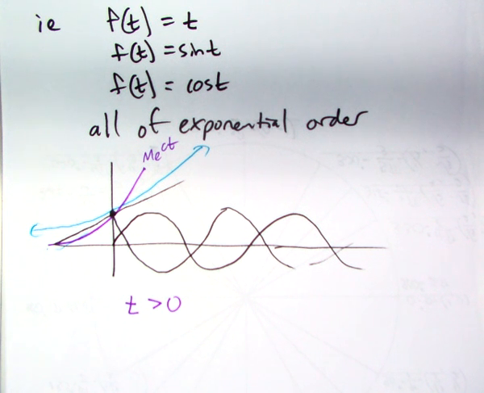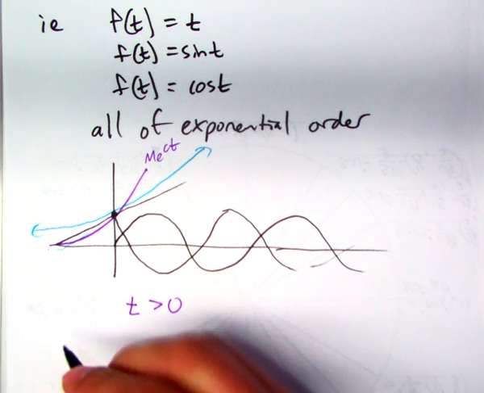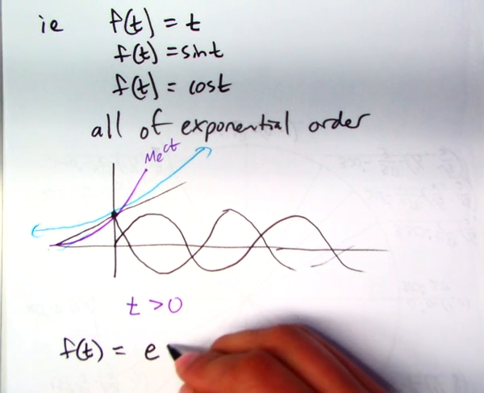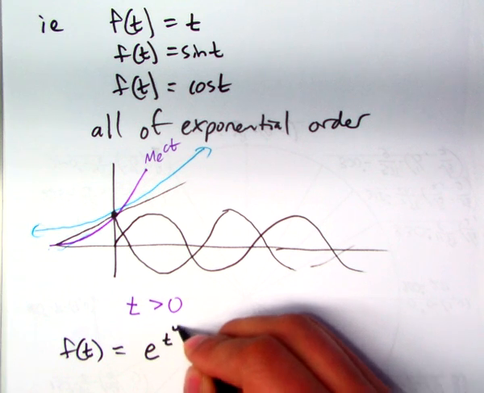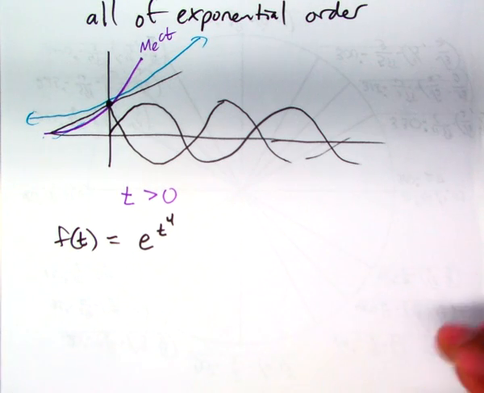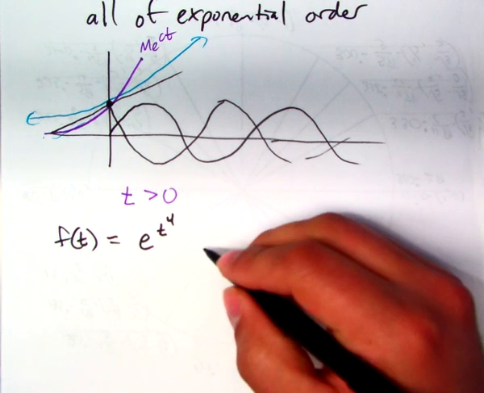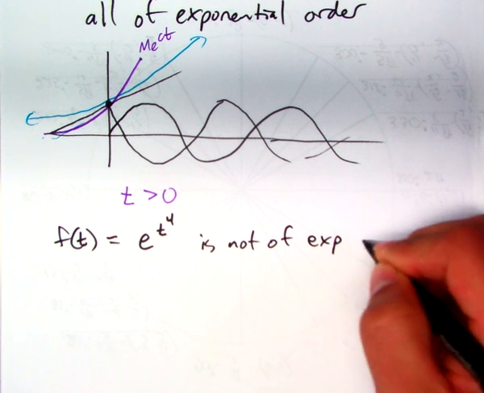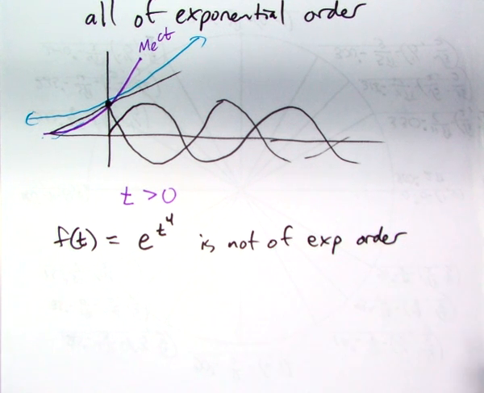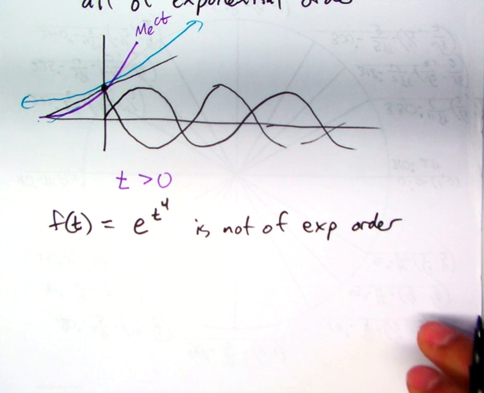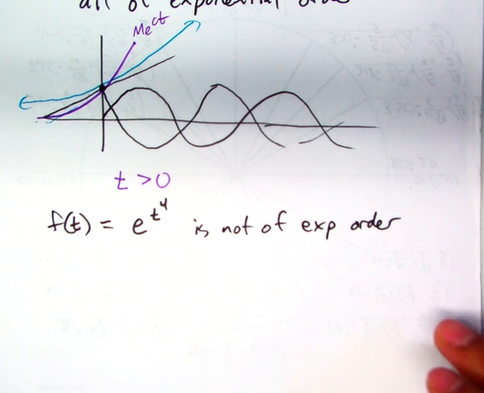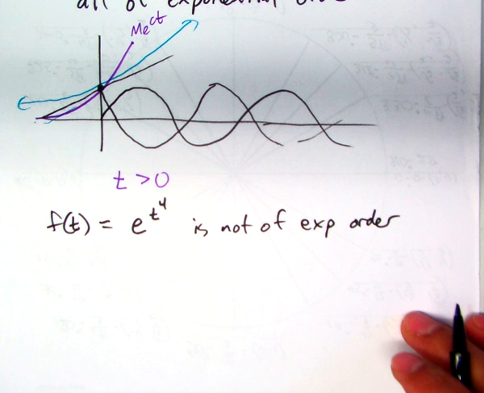Now in comparison, f of t equals e to the t to the fourth would not be of exponential order. You can spend a lot of time on your graphing calculator trying to figure out if it ever does get overtaken by a normal exponential function.